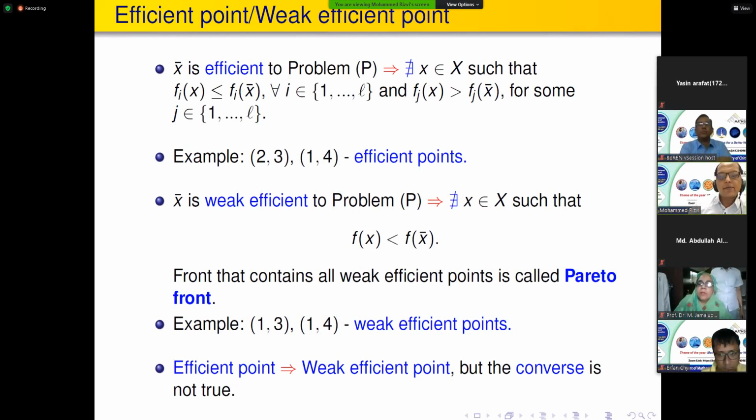The Pareto front is the set of all efficient points, which is a subset of the weak efficient points. So that's the definitions we needed to put in place instead of the definition of optimality.